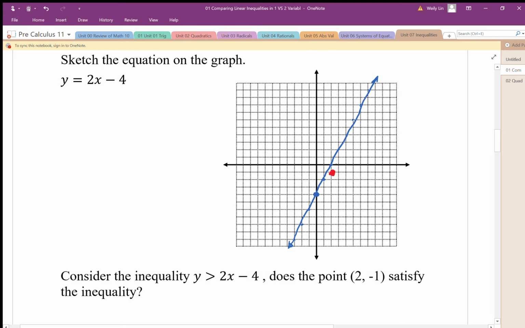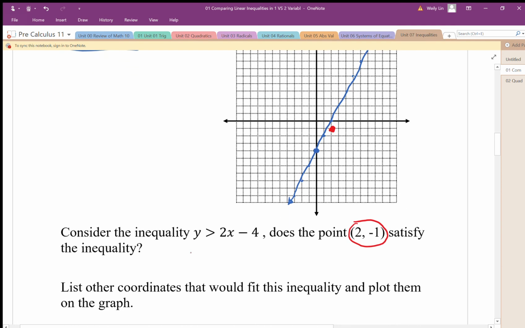It's important to understand that it's below the blue line. Maybe I'll highlight that as well. This is my blue line, y equals 2x minus 4. So that point is below the blue line. If I test it in my inequality, I get -1 is greater than 2 times 2 minus 4.